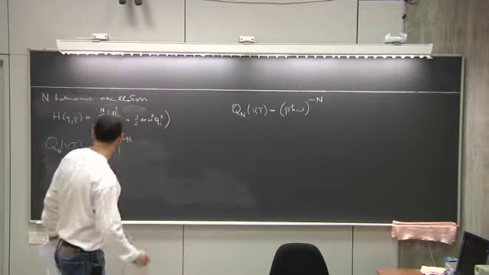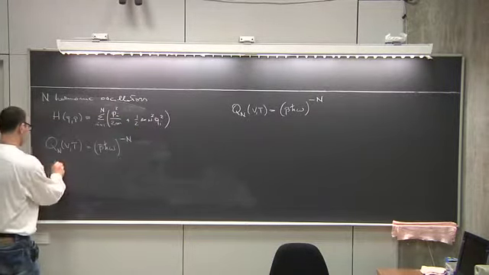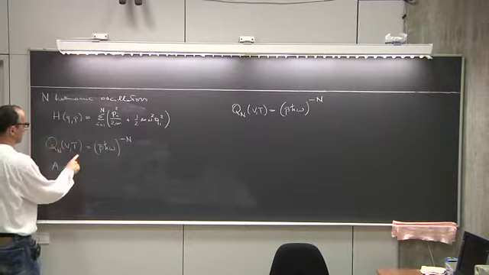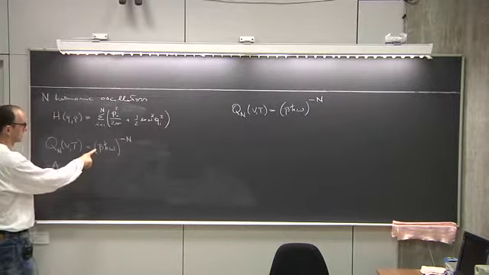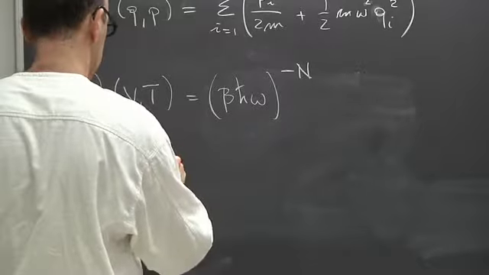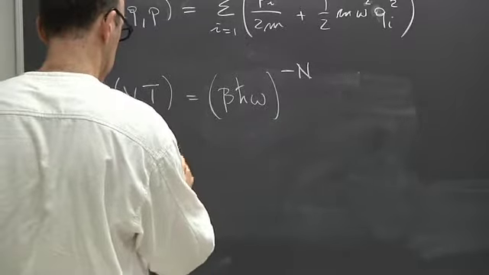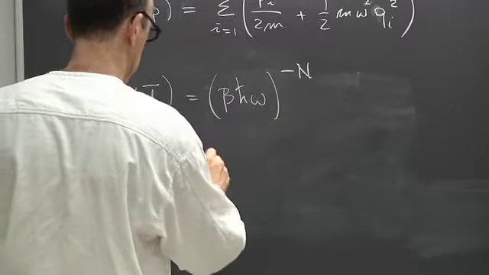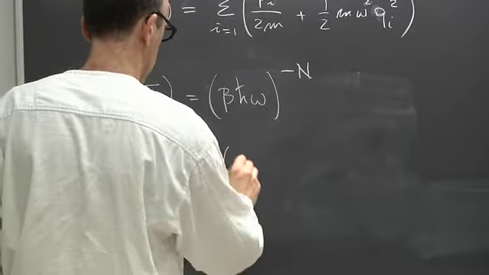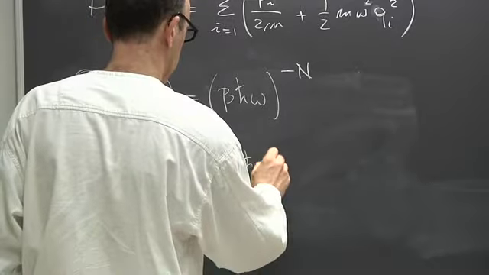So, for example, the Helmholtz free energy is minus kT times the log of this. So it's minus kT log of beta h bar omega.